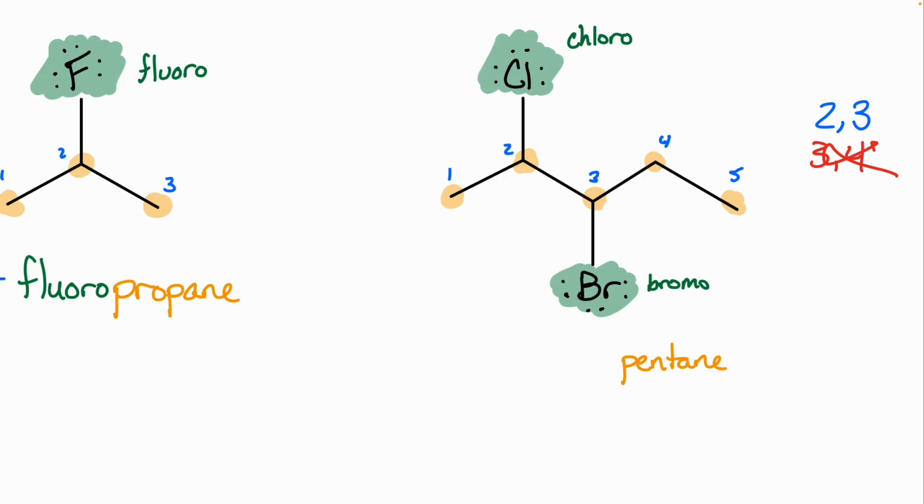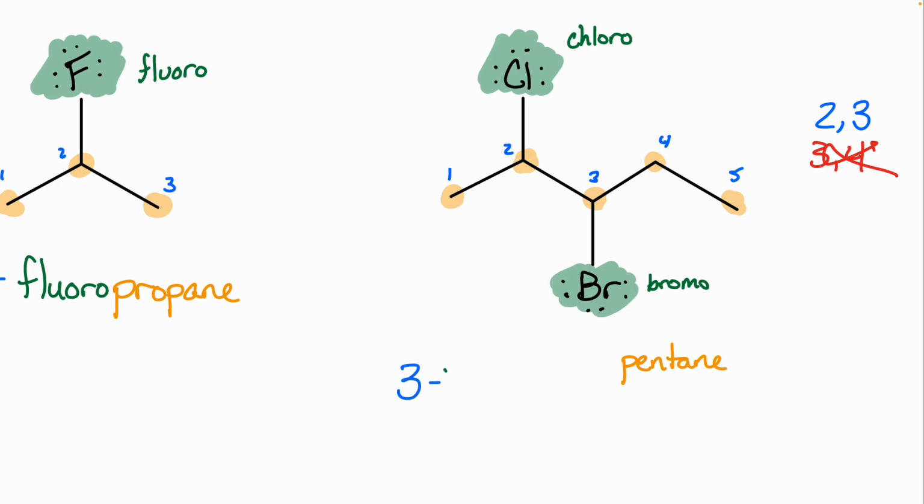So not in the order in which they appear in my molecule. Yes, the chlorine is on carbon 2 and the bromo group is on carbon 3. But when I assemble my name, I'm always going to assemble my substituents in alphabetical order. So I'm going to list that bromo group first.